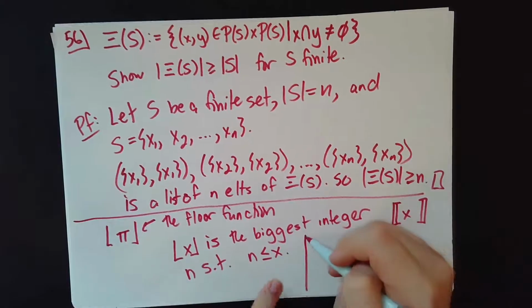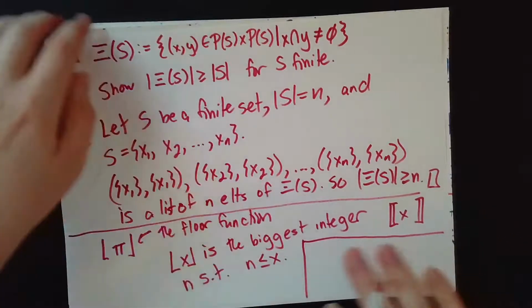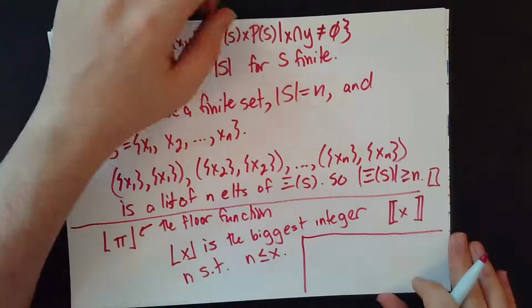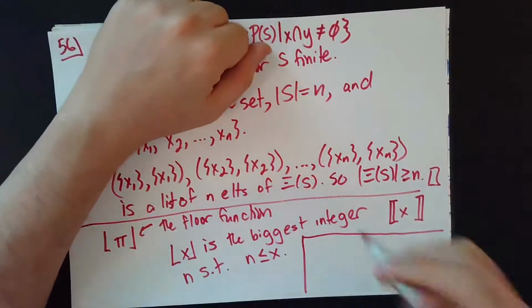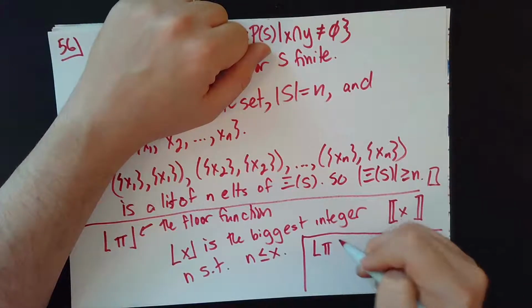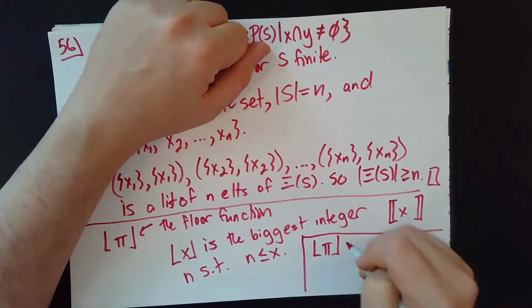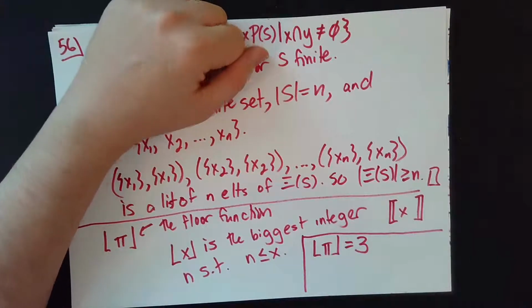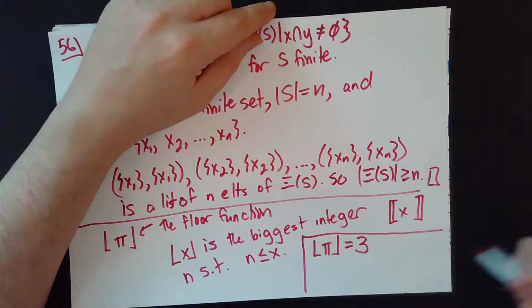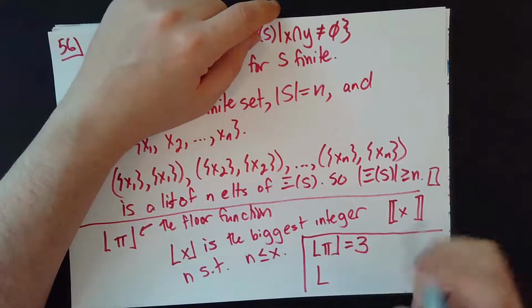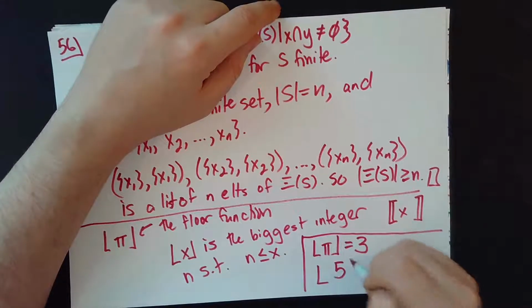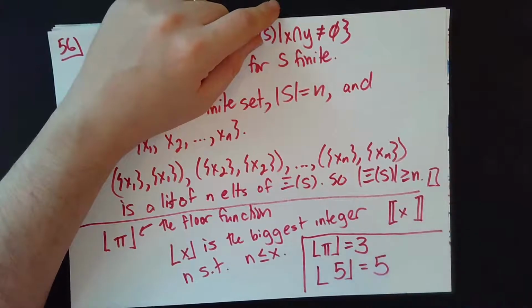But the practical effect of this is that you just throw away the decimals. So when you take something like the floor of pi, you just get 3. And the only technicality to worry about is that if you take the floor of an integer, you get that integer back.